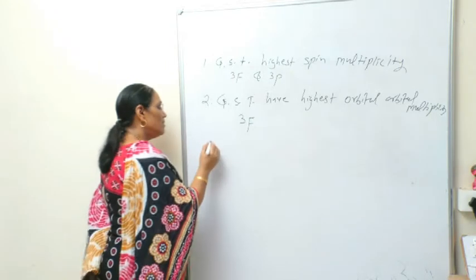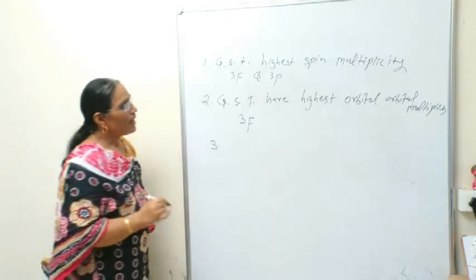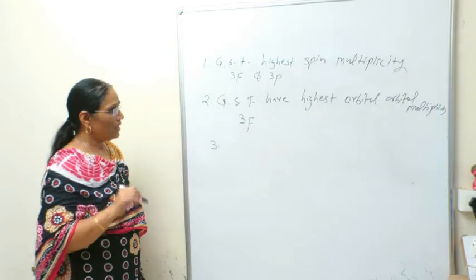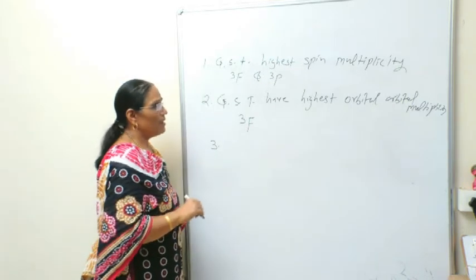Now there is a third rule for finding out which J value is at ground state or is lowest in energy.